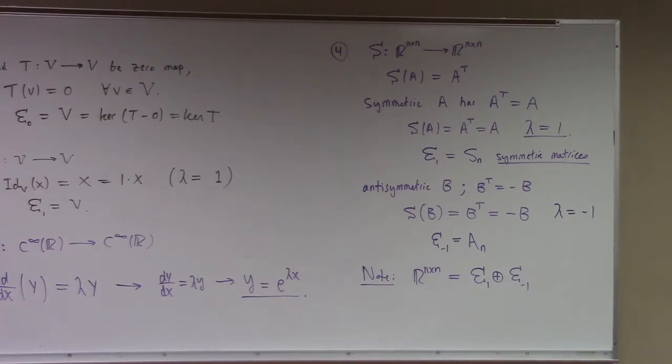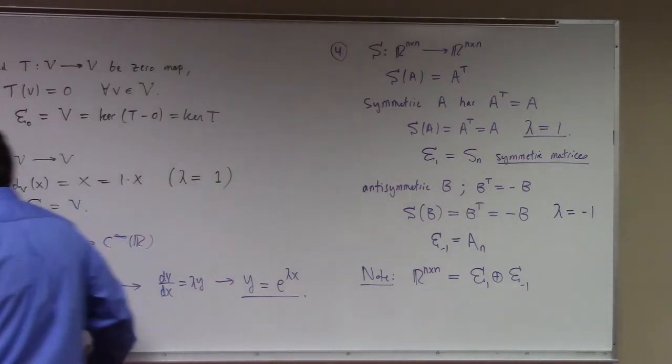So what's the spectrum for example 4? It's 1 and minus 1, right? The eigenvalues allowed are 1 and minus 1. And that's it, right? Are there any other eigenvalues? There can't be, right? Because the symmetric matrices and the antisymmetric matrices give you everything in n by n matrices. So if we had some other eigenvalue, that would contradict what we already have. Okay, I'm using theorems we haven't quite proved yet, but. So here are some examples to get us started anyway.